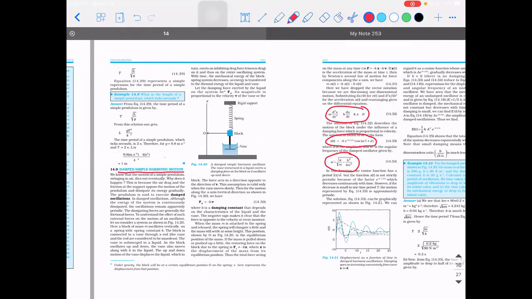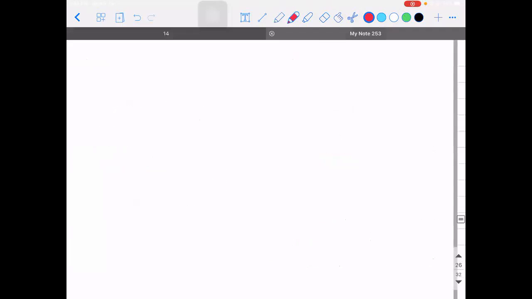Damped simple harmonic oscillation means, do you guys know what is the meaning of damped?